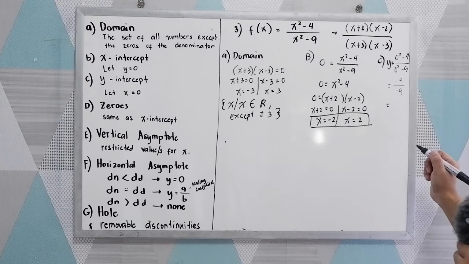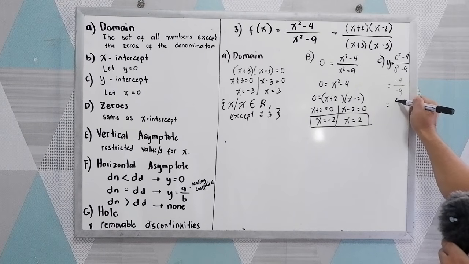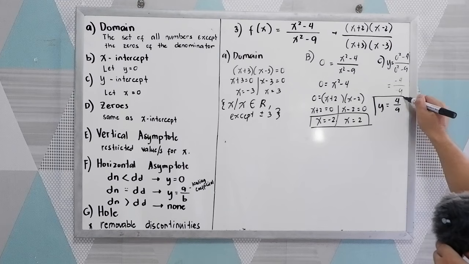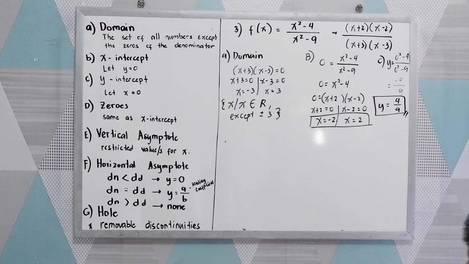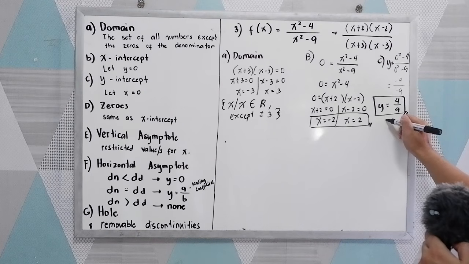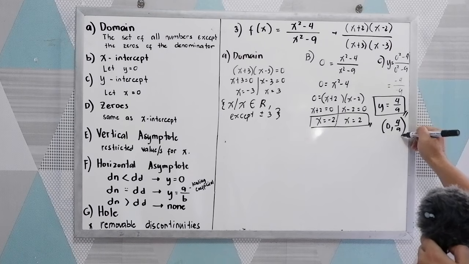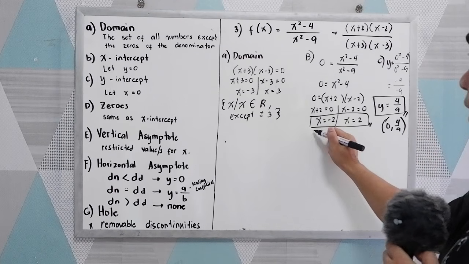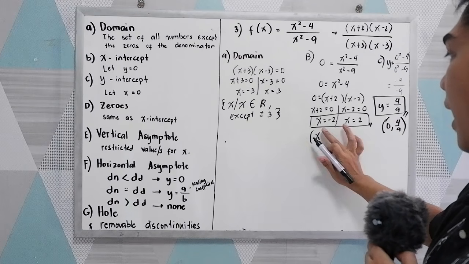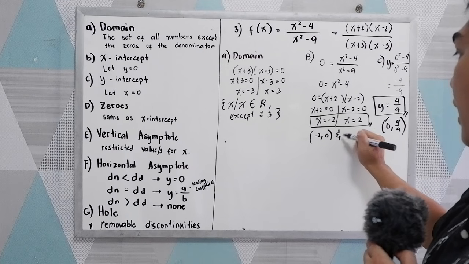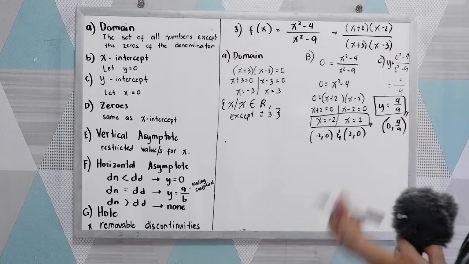Negative divided by negative, that is 4 over 9. So y is equal to 4 over 9. So we can write this as (0, 4 over 9), so that you can easily plot the points. And for this one, we have x-intercepts (negative 2, 0) and (2, 0).